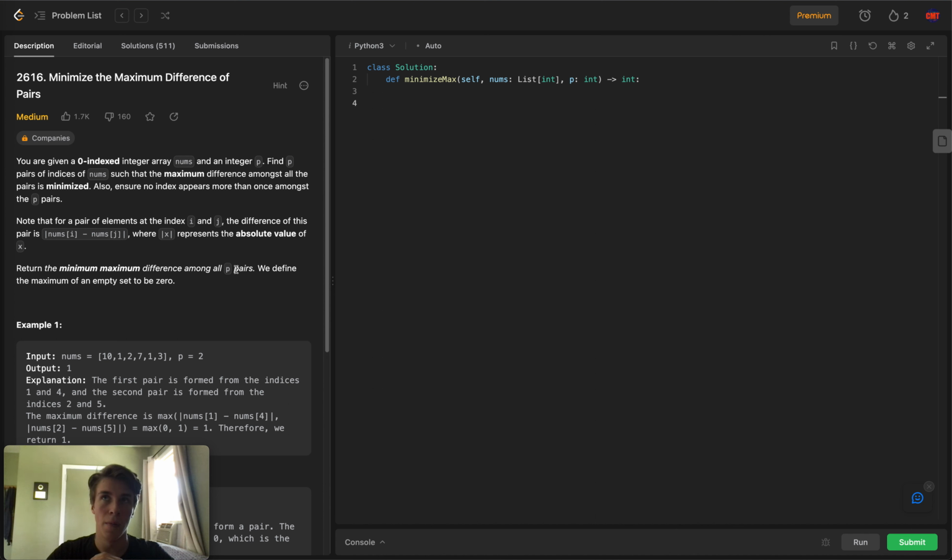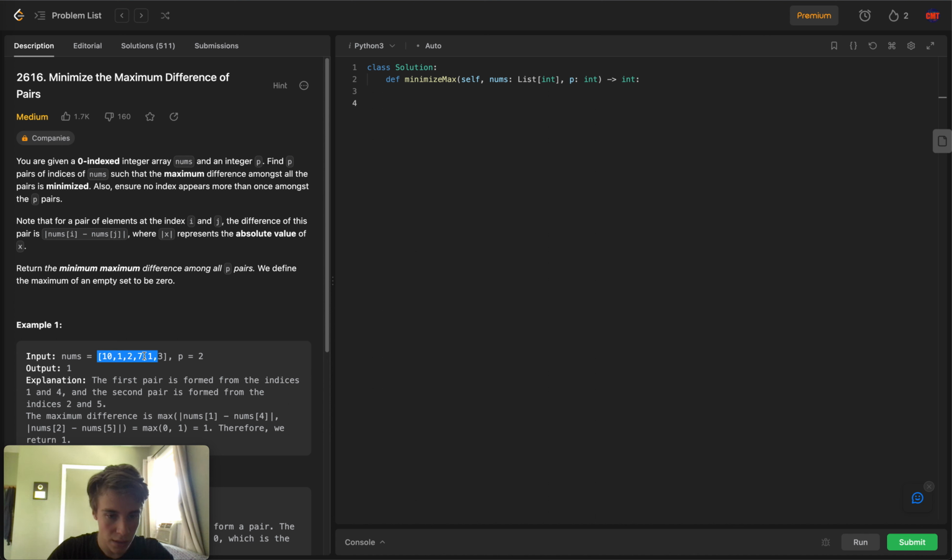So the first step that I would assume to be correct is you have to sort the array. Because if you sort the array, you're guaranteed any number within that array to have the minimum difference to the left or to the right of itself, because it's sorted.